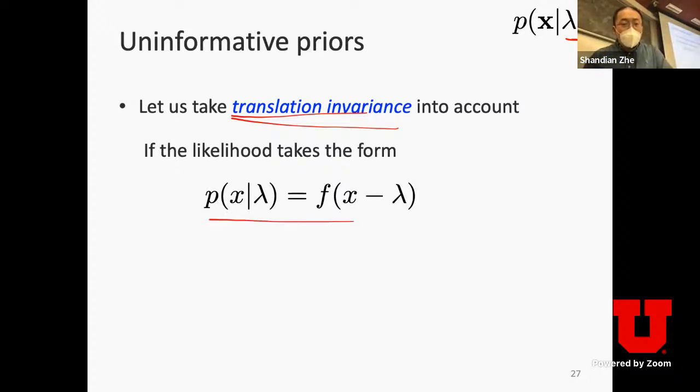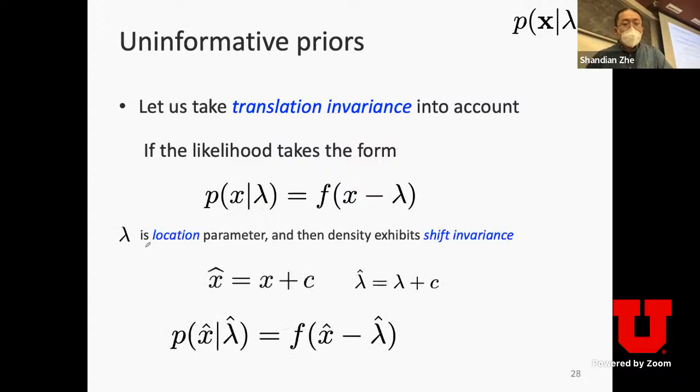If the likelihood takes this form, where x is our observed random variable and lambda is the random variable which controls this likelihood, then lambda is called a location parameter, and this density we call x-based shift invariance.